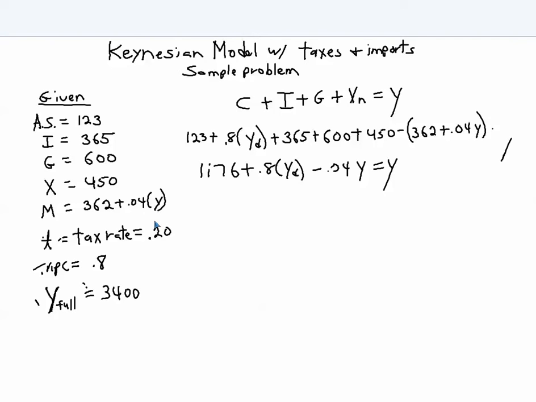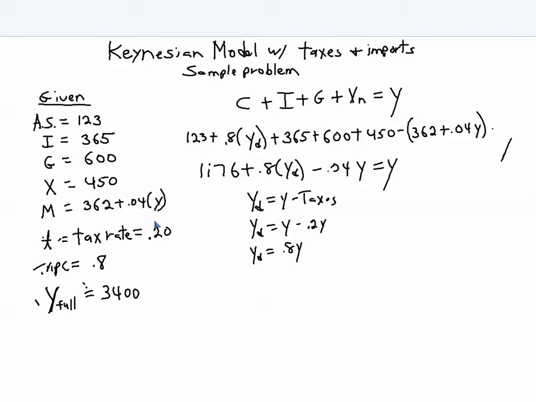Now the next thing I want to do is resolve this issue about YD, and you should know that disposable income YD is equal to your regular income minus taxes. Maybe I can work in this little space right here. YD is equal to gross income minus taxes, and of course taxes in this particular problem are 20% of income, so that's 0.2 times y. So YD is simply 0.8 y.